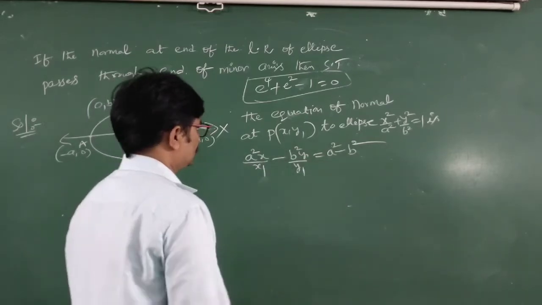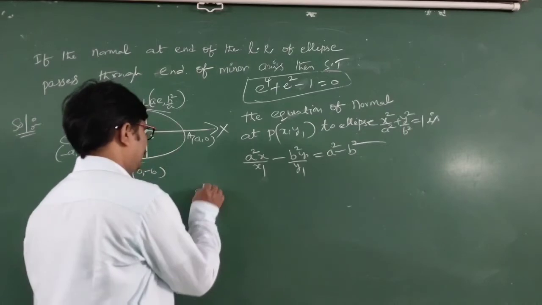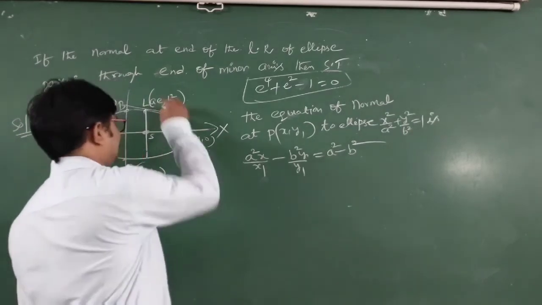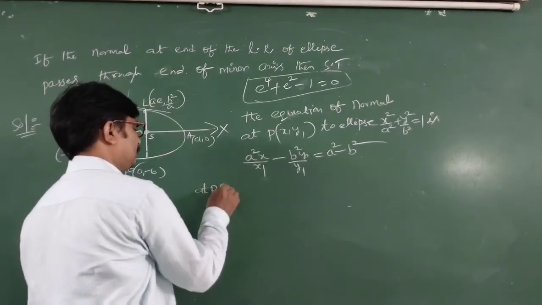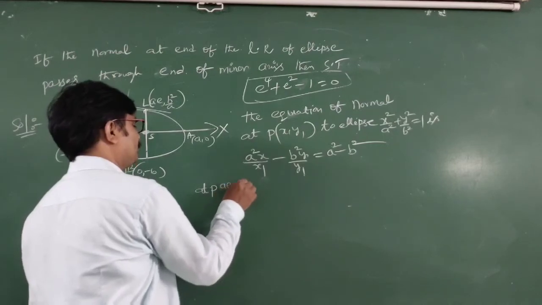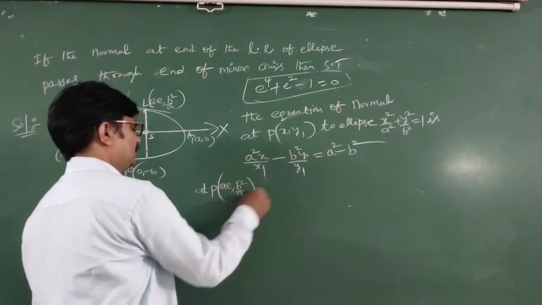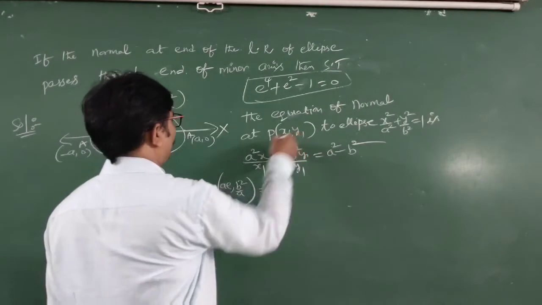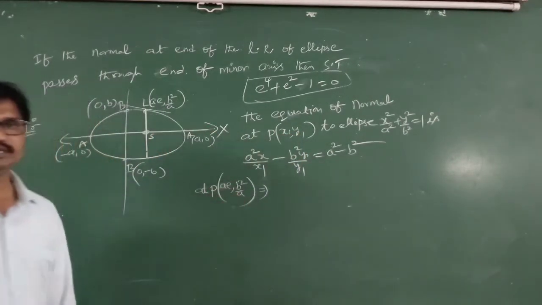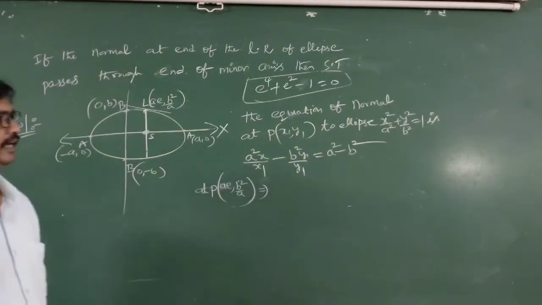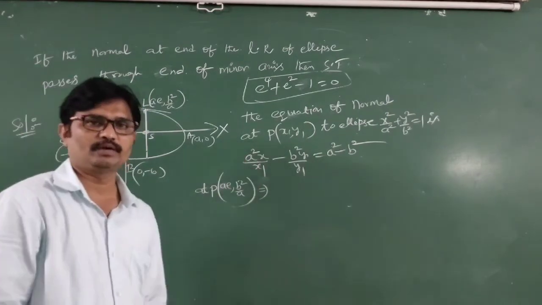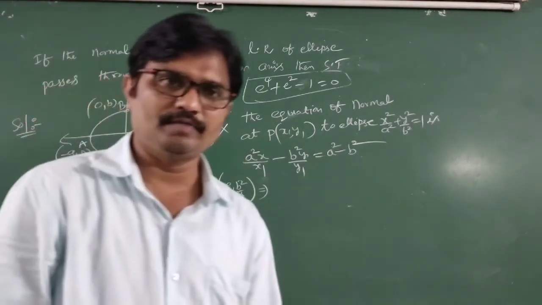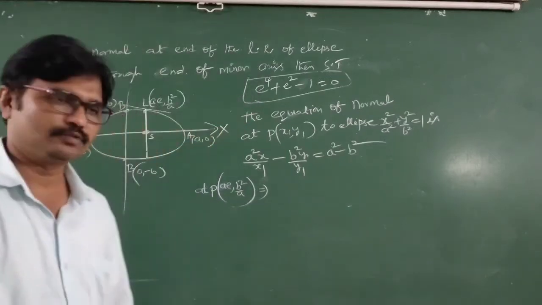So dear students, the point P is given as (ae, b square by a). We know that the normal at (x1, y1) is a square x by x1 minus b square y by y1 equal to a square minus b square.